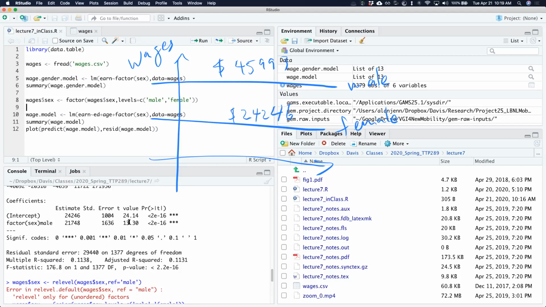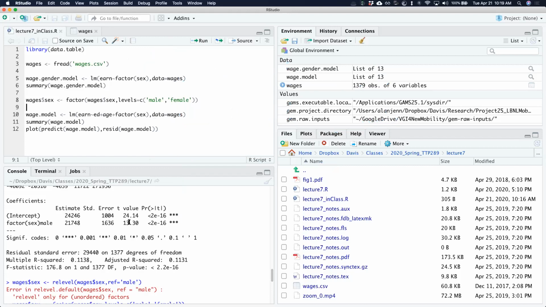So we're going to go through a couple different structural or a couple different specifications. So kind of keep this in mind. In this first example, it's just these flat horizontal lines. Okay, if we were to go back to our initial model where we include education and age, actually I can go ahead and draw this one as well.